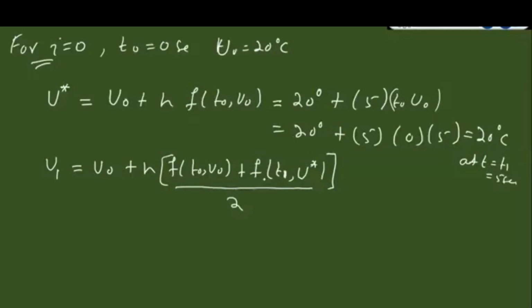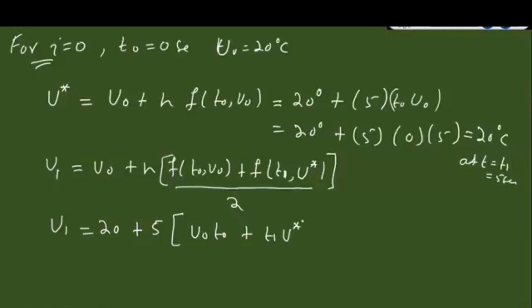So let's do it like that. u1 equal to u naught, which is 20, h is 5, f of t naught, u naught, whichever be the function, plus this thing. In place of t you have to put t1, and in place of u you have to put u star, which was computed earlier.